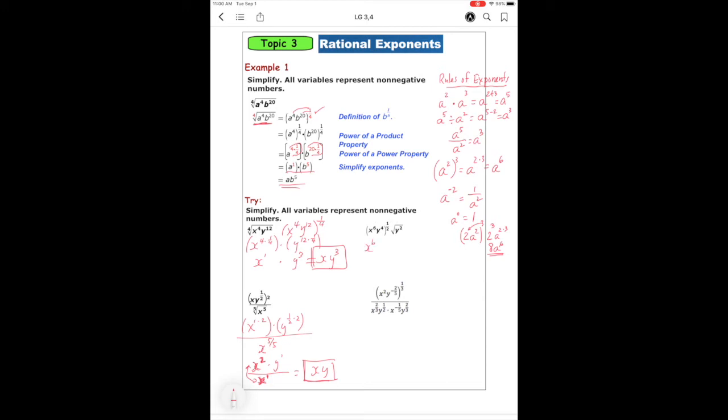Okay, let's go to number 3 here. Two are same terms. So now I'm going to add those.